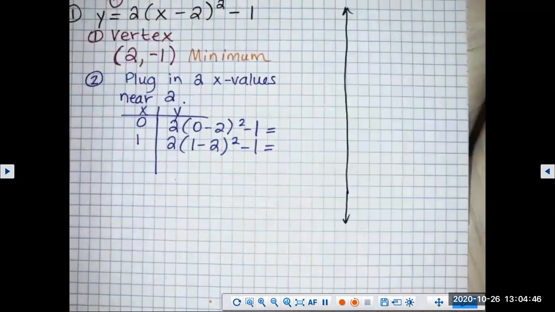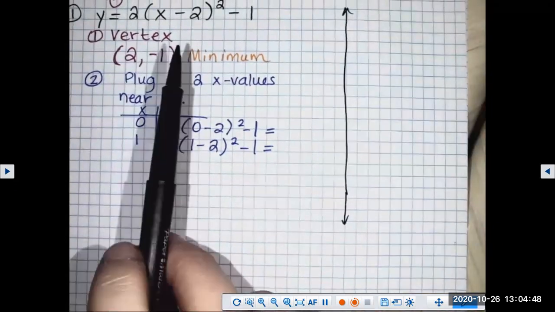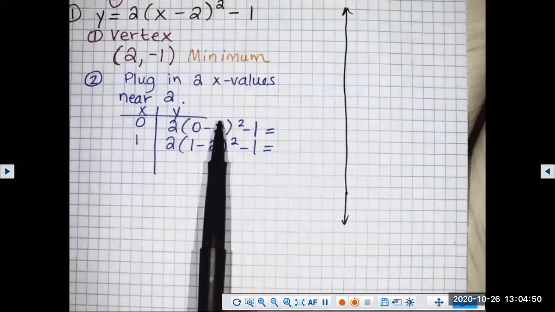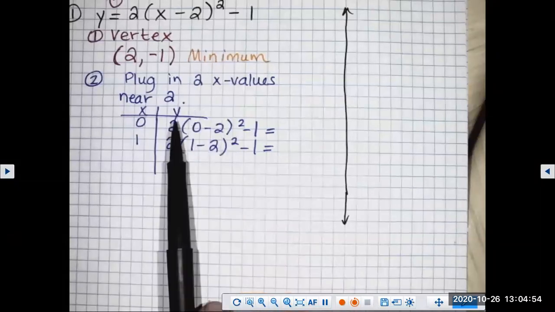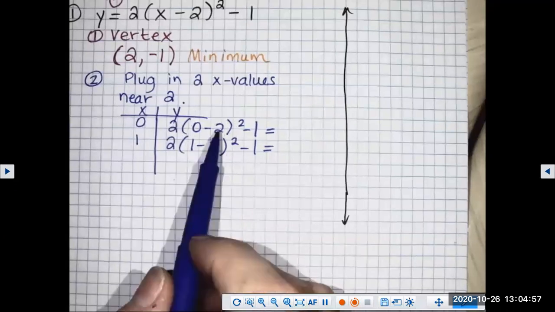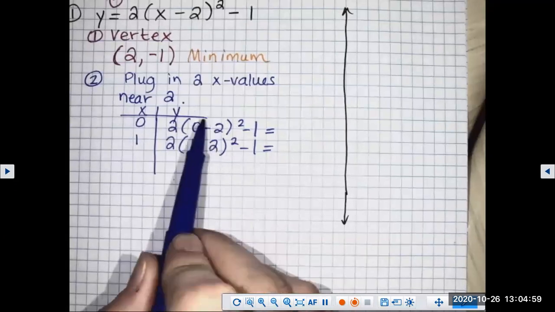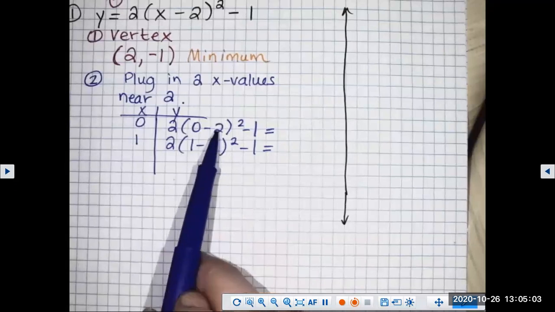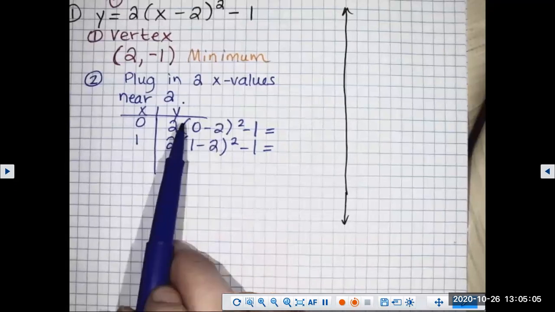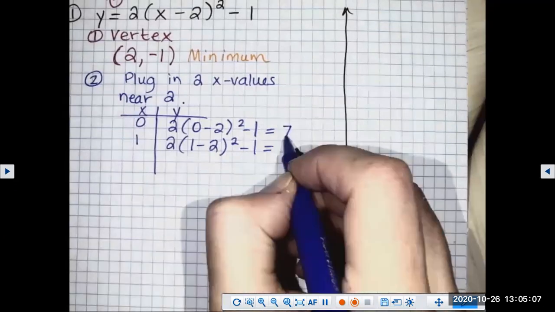Okay, when you plug in 0 for x into this original, make sure that you square this first before you multiply by 2. So what will this part give you? 4 times 2, 8, minus 1, 7.